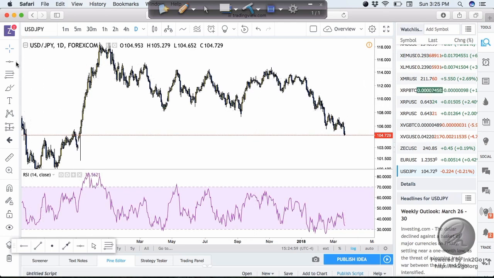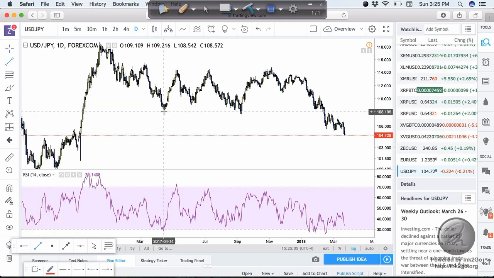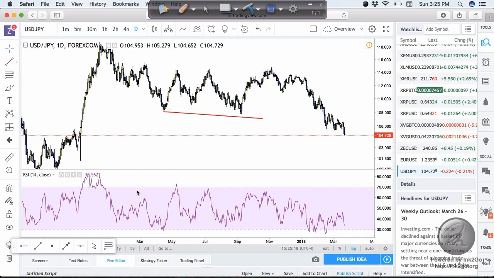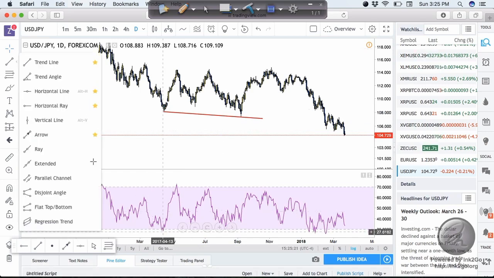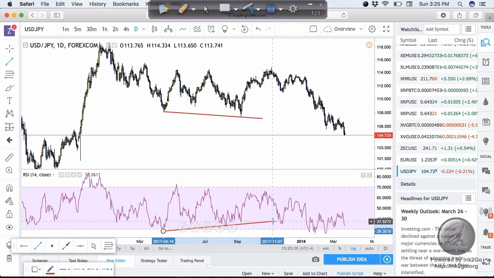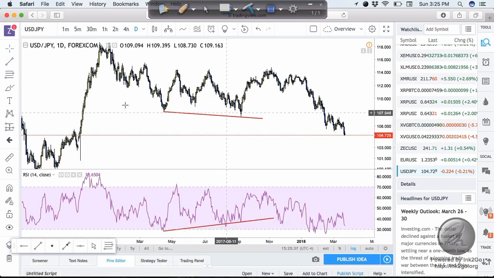So if we compare the price of USD JPY from April 14th over to, let's see, what is it, September 8th, and then if we look at those same dates on the indicator here and compare it to the same date on the indicator here, we can see that we are getting completely two different types of moves in the market.